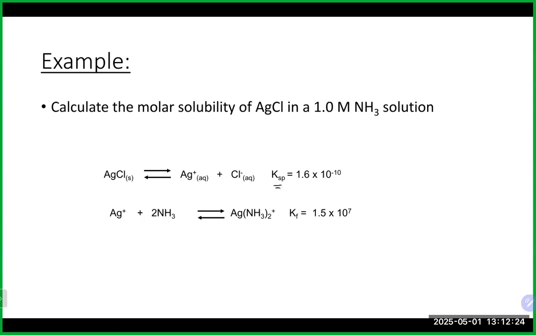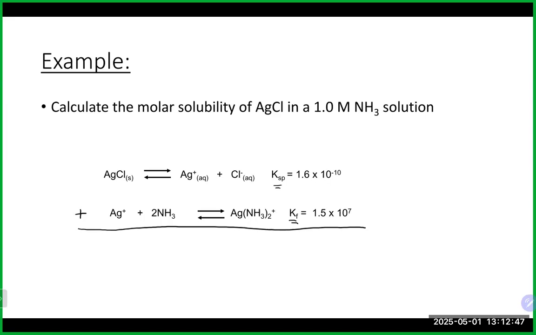And we also have the complex ion formation, which is our KF. So in this particular case, we can still approach it similar to what we did in the previous ones. Here we can actually add together these reactions like we've done before and take a look and see what is going on overall.